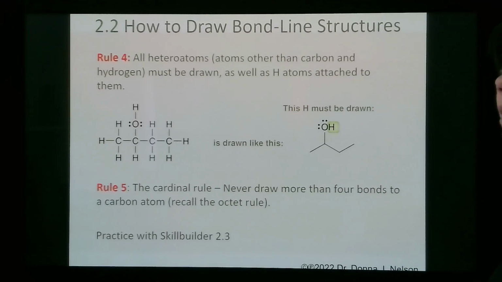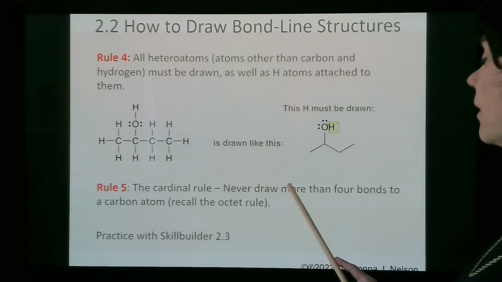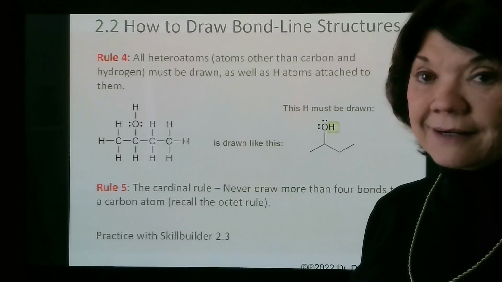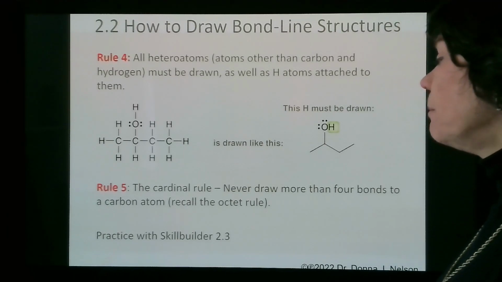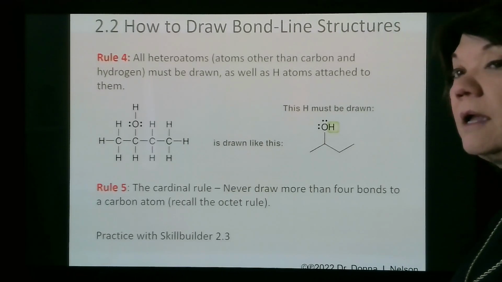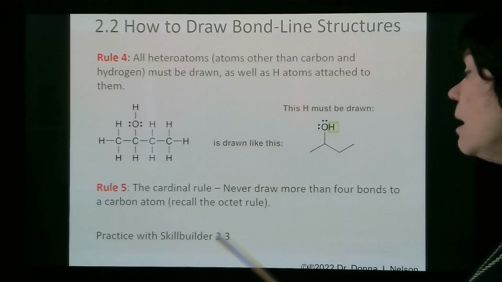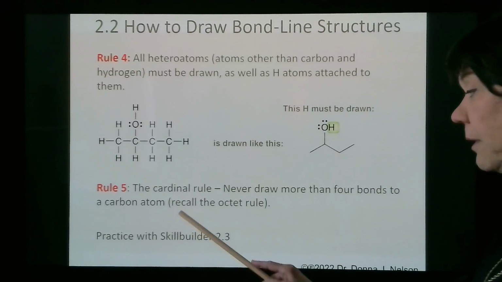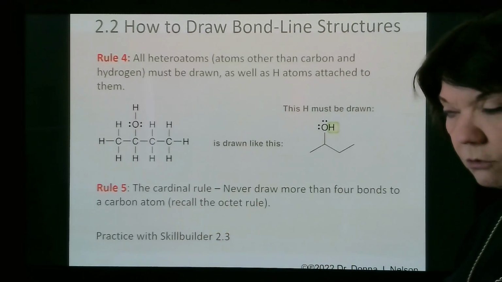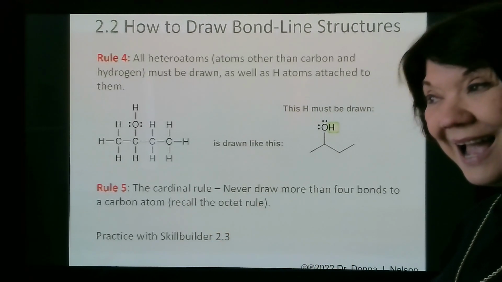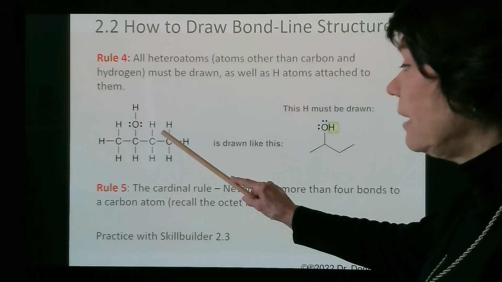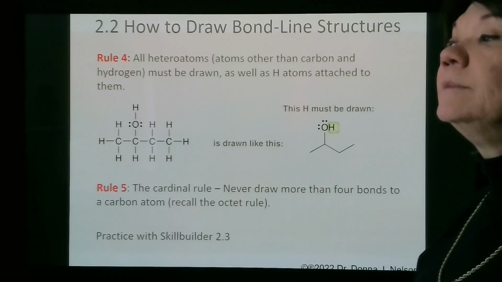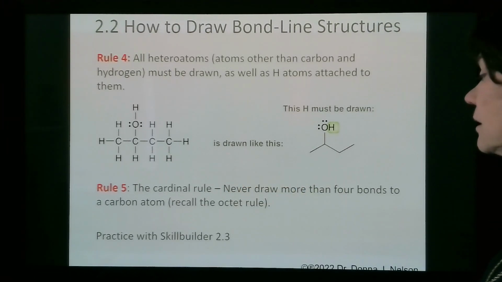There may be fewer than 4 bonds, especially if you have a positive charge or a negative charge or a radical, if the molecule is a carbocation or a carbanion or a radical, but you'll never have more than 4 bonds to a carbon. That goes straight back to the octet rule. The carbon being surrounded by 8 electrons and being surrounded by 4 bonds. Since there's 2 electrons in each bond, that respects the octet rule.